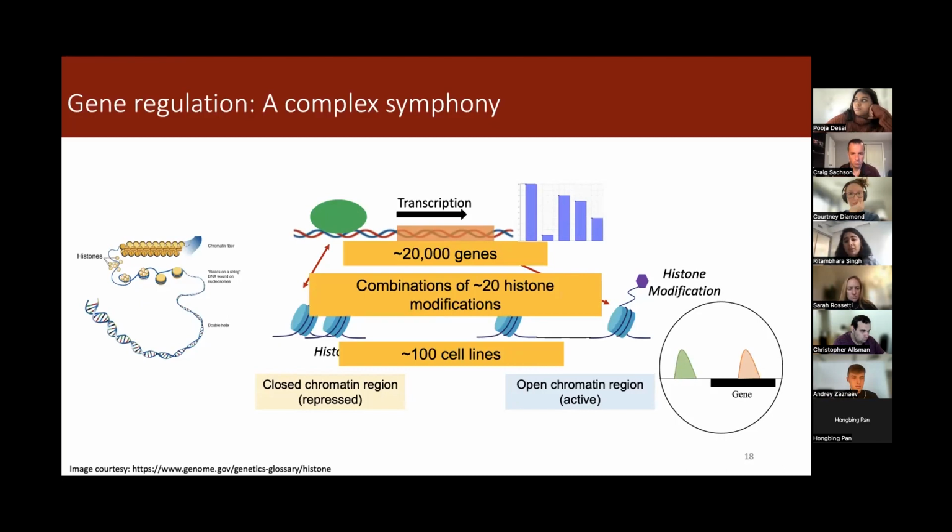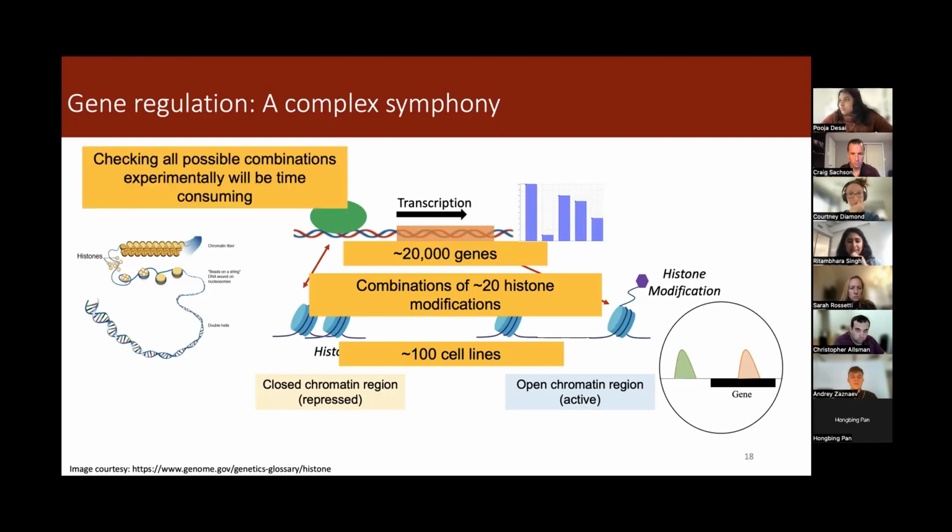There could be combinations of 20 different histone modifications that could be playing a role. And we are not just looking at one cell line, we are studying hundreds of cell lines. So if somebody were to experimentally test each and every combination and see its effect on the gene, this task would be impossible.